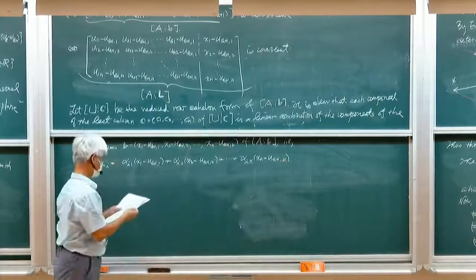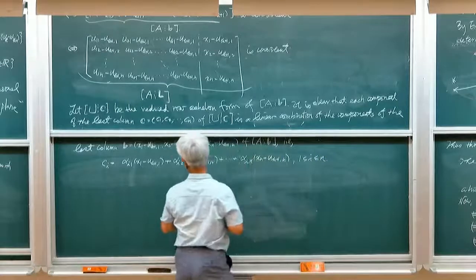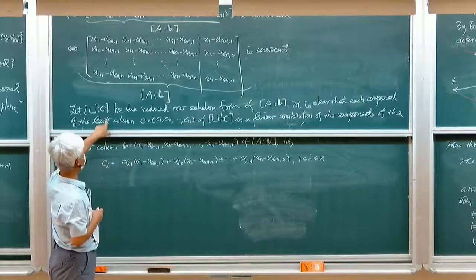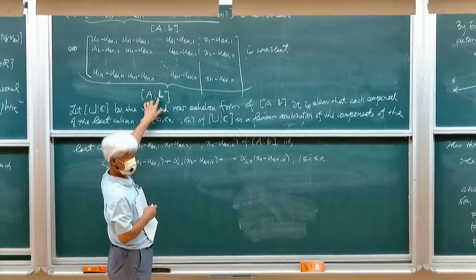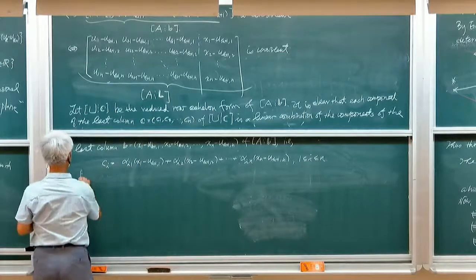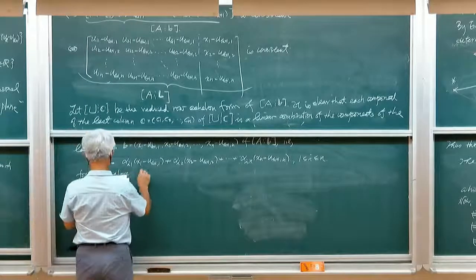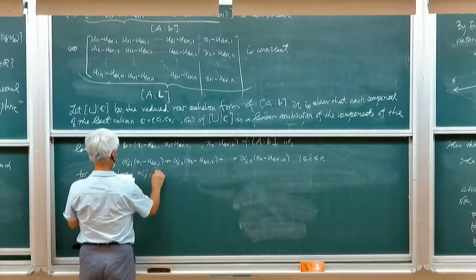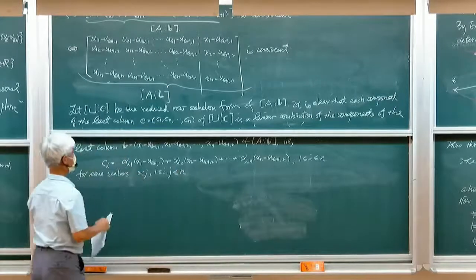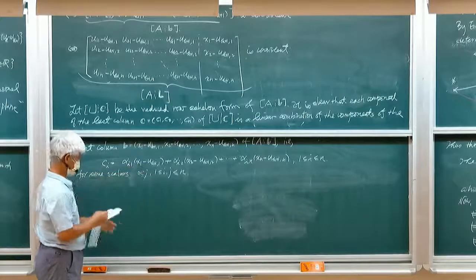Okay, so for each i, Ci is just a linear combination of the components of the vector B, for some scalars alpha ij, where i is from 1 to n and j is from 1 to n.